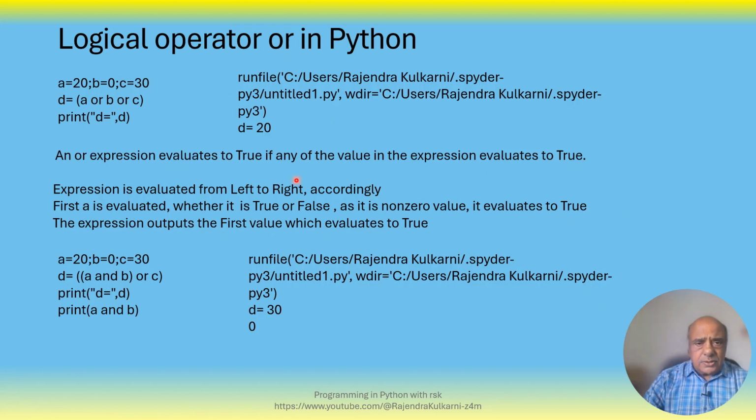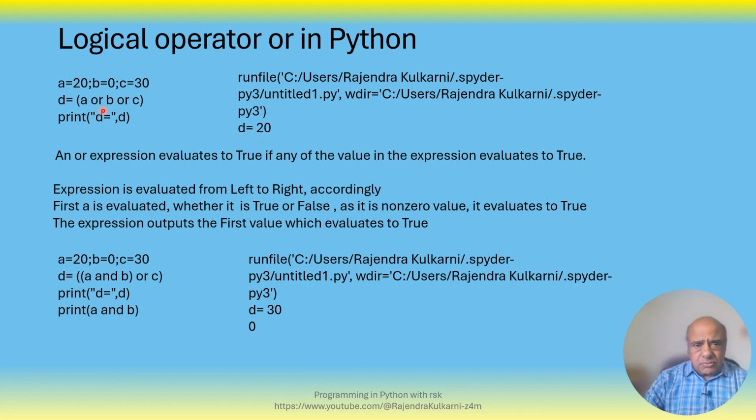Look here, OR gives true if any of the values is true. So as soon as it encounters true, because a is equal to 20, which is non-zero, which is true, it will return that value as output.